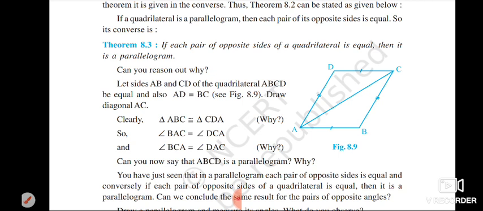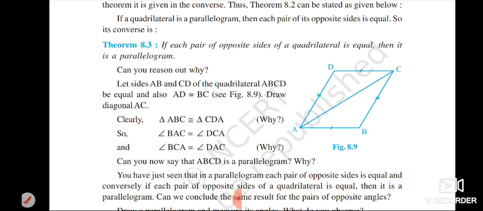Theorem number 8.3: if each pair of opposite sides of a quadrilateral is equal, then it is a parallelogram. See, each pair of opposite sides, each means one by one, everything. So each pair of opposite sides of a quadrilateral is equal.